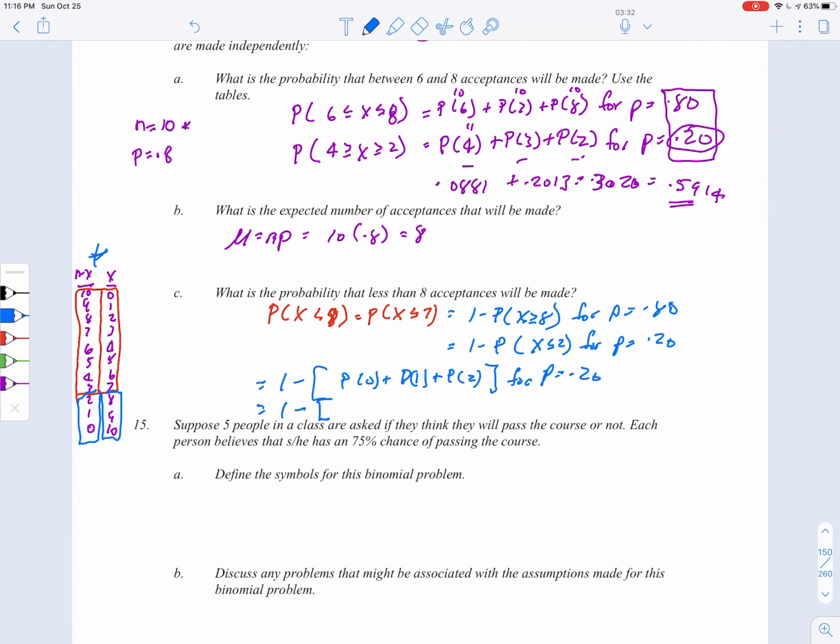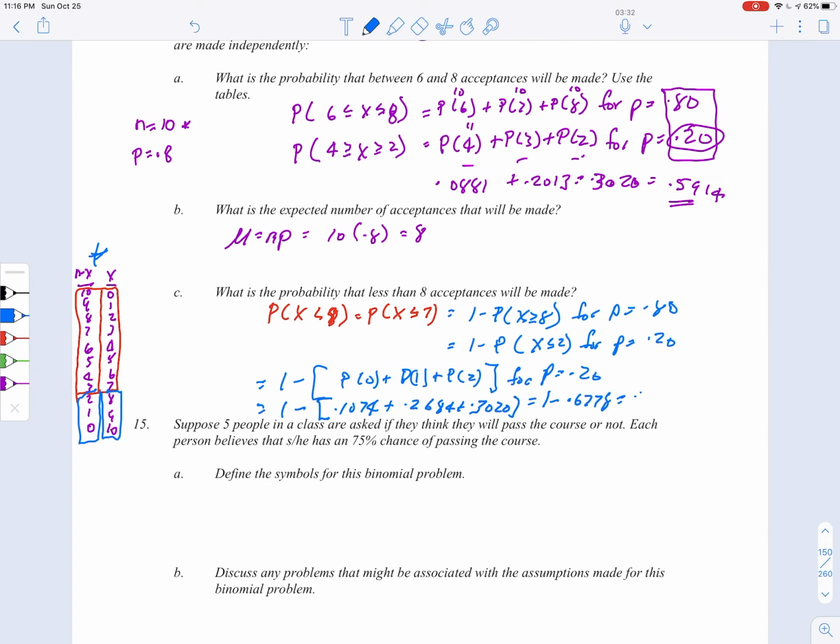So that's going to be equal to 1 minus, and then grabbing those values from the column, 0.1074 plus 0.2684, I think that's right, and then 0.3020. Anyways, that does come out to 1 minus 0.6778, which is 0.3222, which is 32%. So there's a 32% chance that less than 8 acceptances will be made.